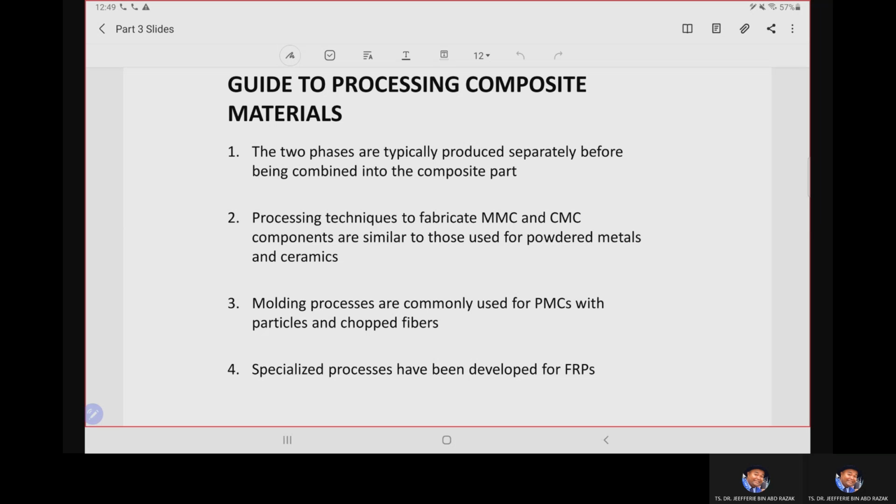Here are also some of the specialized processes that have been developed for fiber reinforced polymer composite. The following slides on processing will be focusing only on the manufacturing of FRP, the fiber reinforced polymer PMC, considering their simplicity and commercial availability in the market.